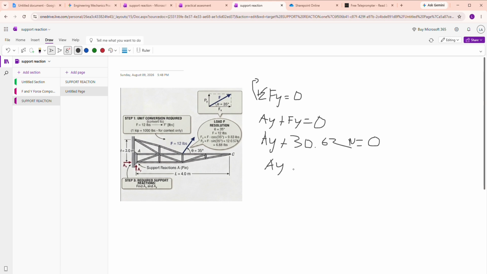Ay equals negative 30.62 Newton. The negative sign means Ay acts downward, with the magnitude of 30.62 Newton, holding the structure down against the upward pull of Fy.